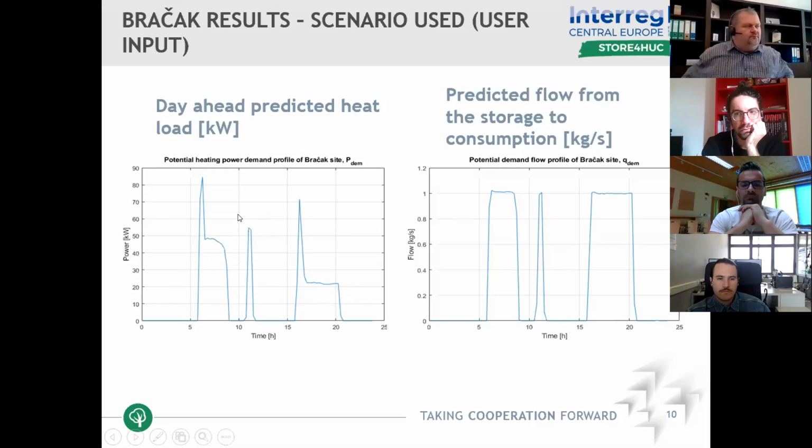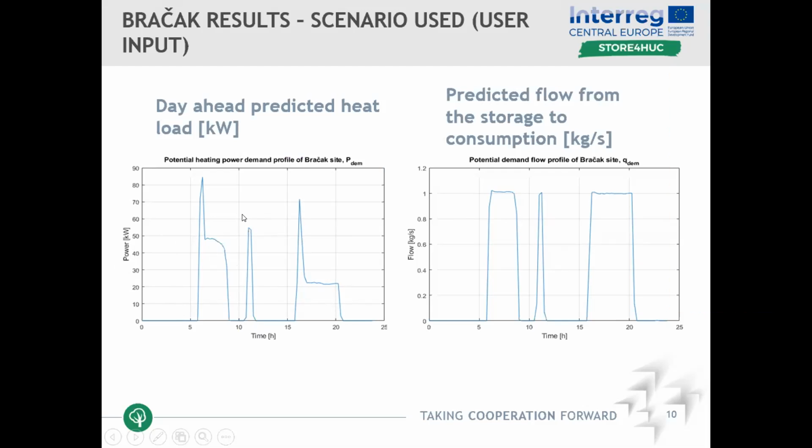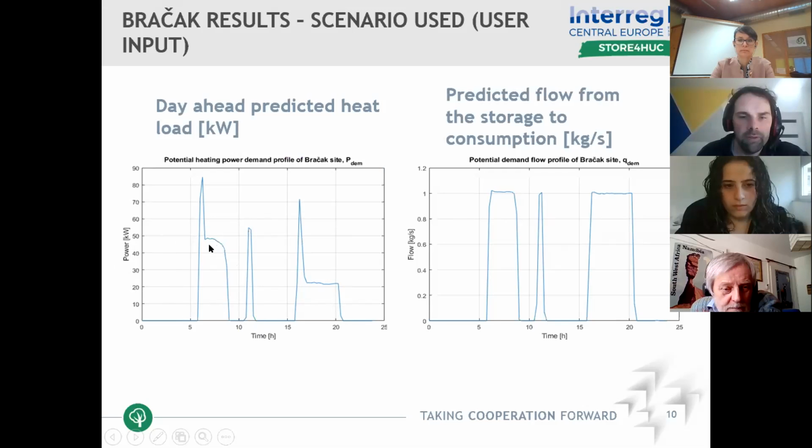Of course, this is probably not a full winter day, but you have some partial heating load on your system. So when people come to work, they heat up their spaces. Then some peak during the day, I don't know with what it is connected. And in the evening, when it becomes colder, you have again more intensive usage. And finally, when everybody leaves the building, the usage drops again.